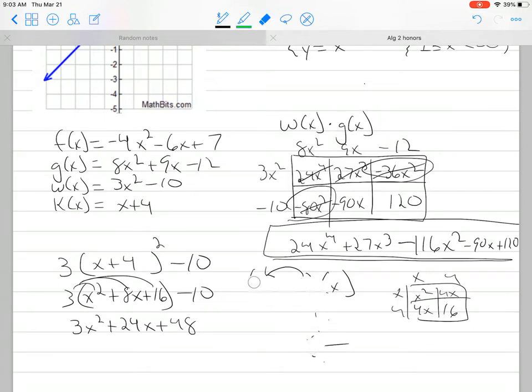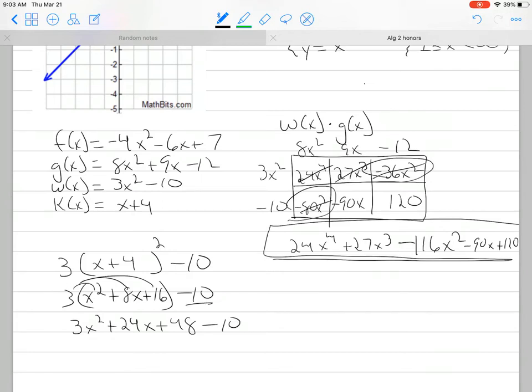I'm going to erase some stuff just to make my life a little easier. All right, and I probably forgot something. Oh yeah, minus 10. You guys forget to do this part often. I see that happen all the time. So my final would be 3x squared plus 24x plus 38. 48 minus 10. Okay? All right.